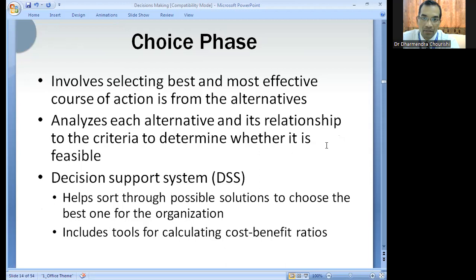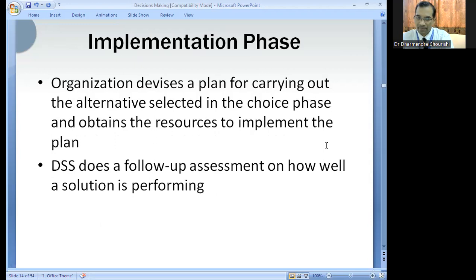Next is the choice phase, which involves selecting the best and most effective course of action from the alternatives. Analyze each alternative and its relationship to the criteria to determine whether it is feasible. DSS helps sort through possible solutions to choose the best one for the organization, and includes tools for calculating cost-benefit ratios.